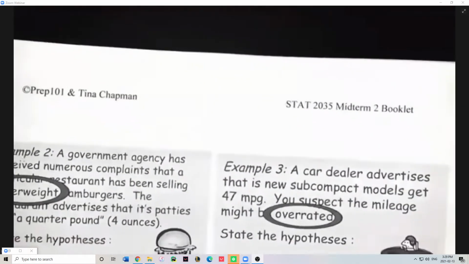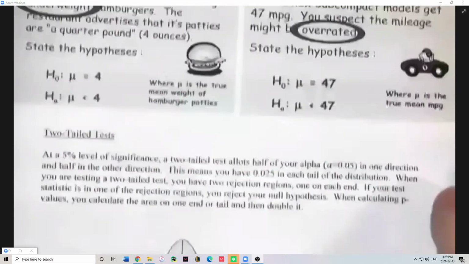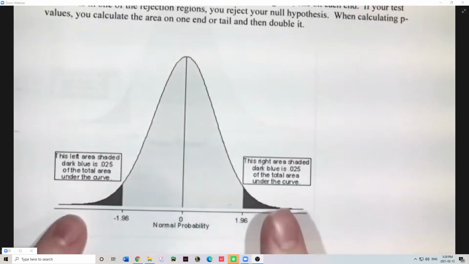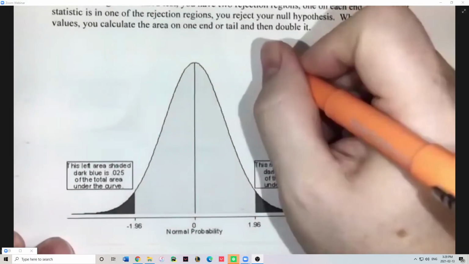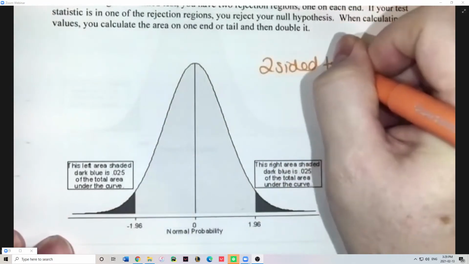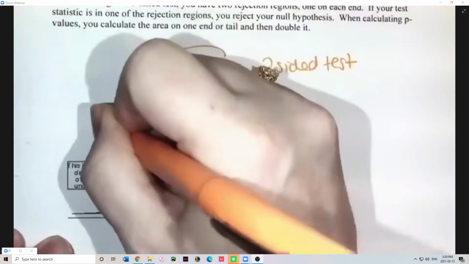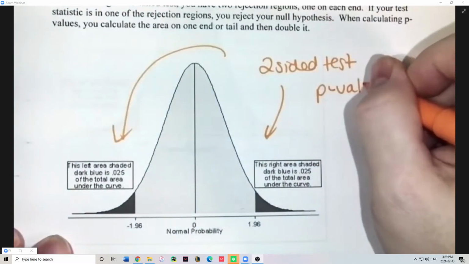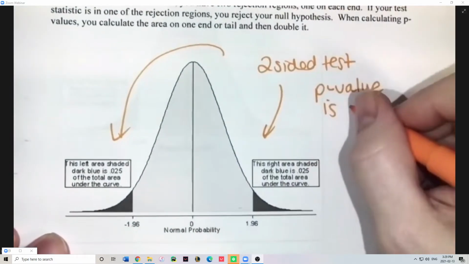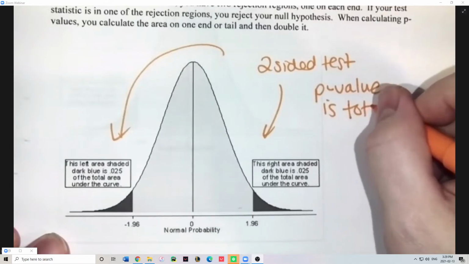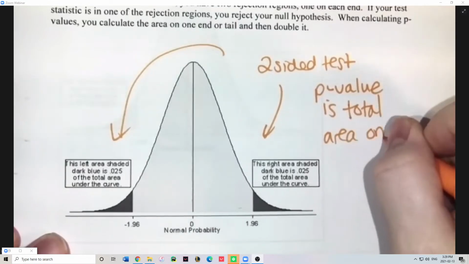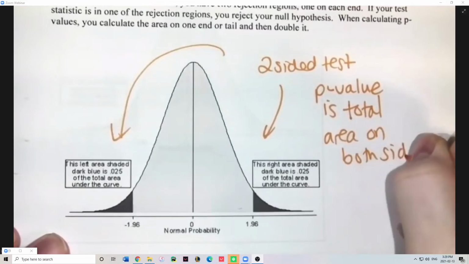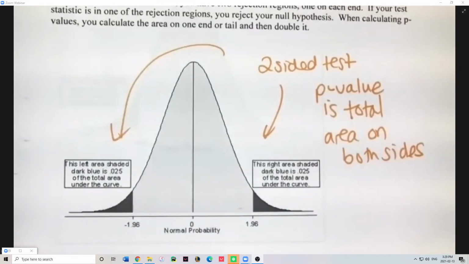Okay. So your shading can go either on the left, the right, or both sides. So if it's a two-sided test, we'll have shading on both sides. So for a two-sided test, we have p-value on both sides. If it's just a less than test, then we just shade below Z test.